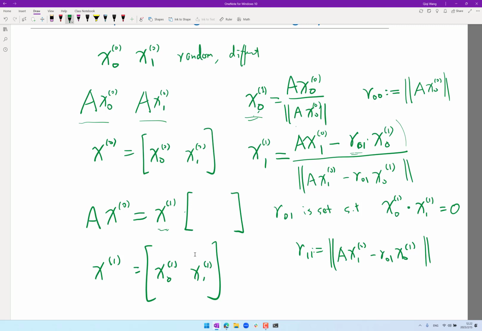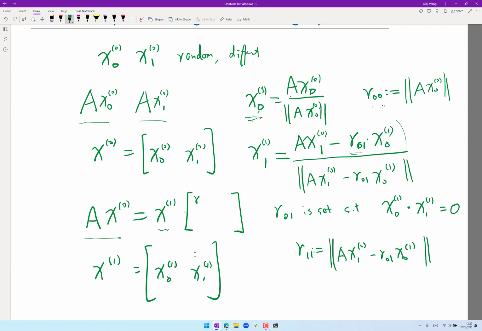Then what we see is that first of all, A times x0, which is the first column of the left-hand side, is simply equal to R00 times x01, which is the first column of the right-hand side, right?